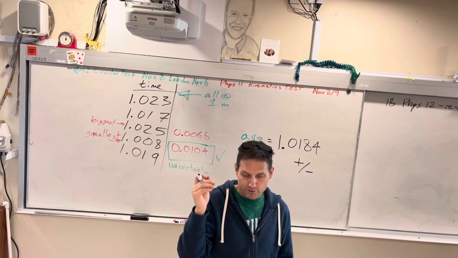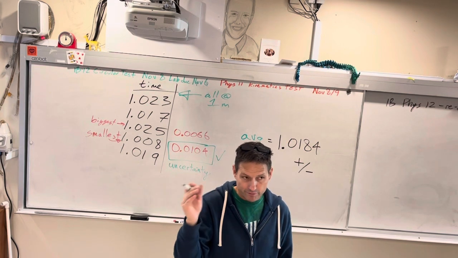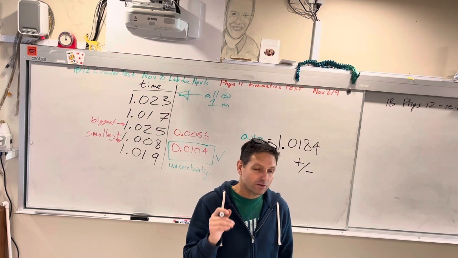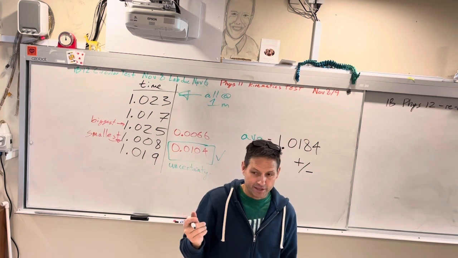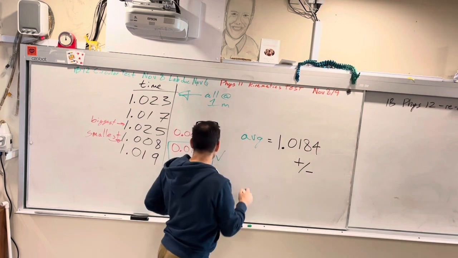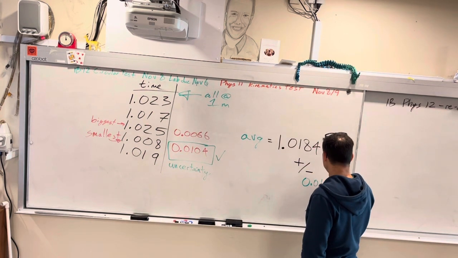So it might be 24 plus or minus 1 millimeter. Or sometimes people say, well, you can go to the half. But that's only if your measurement is the same every time. This one is going to be plus or minus 0.0104.